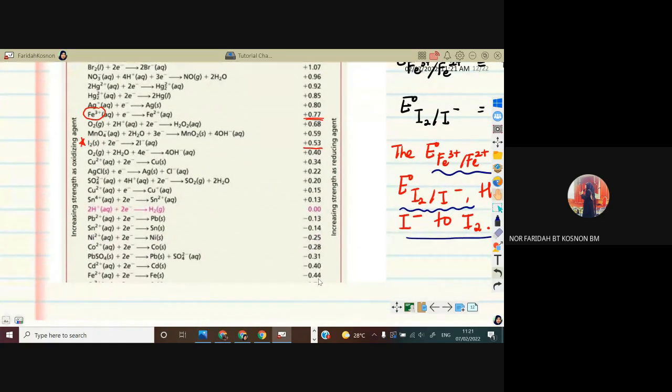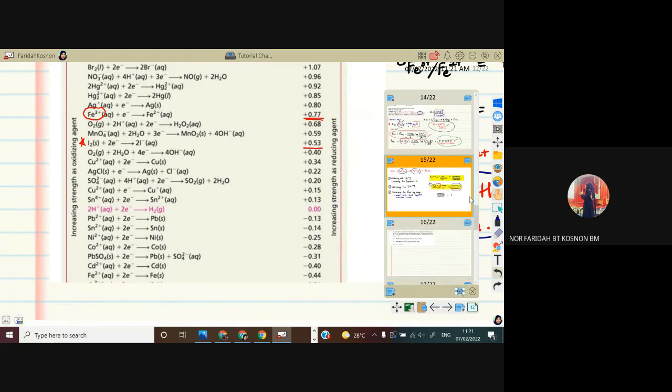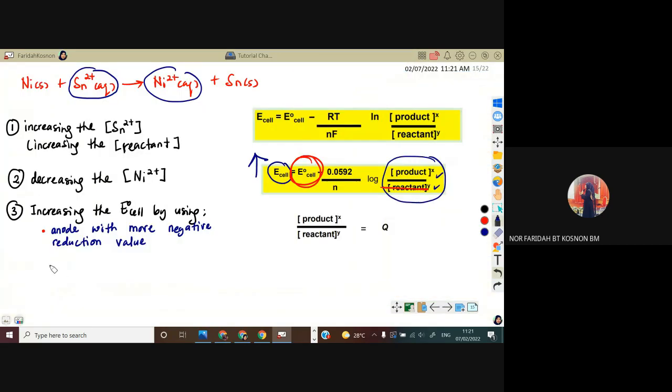Cari ke bawah-bawah tu. Dan bukan anode je kita kena ubah. Kita kena ubah yang katot juga. Katot tu macam mana? So katot kita akan pilih yang more positif. Tapi dalam kes ini tin adalah kita punya katot.